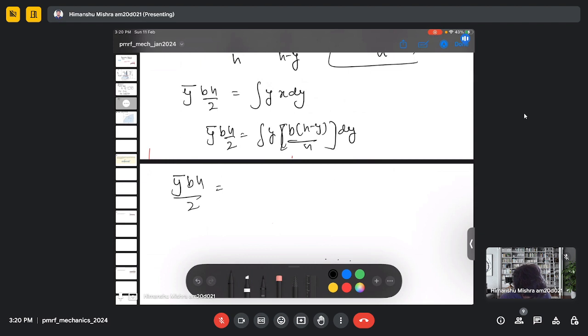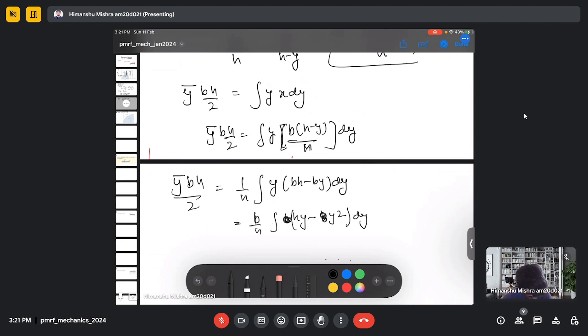So y bar bh by 2. I can bring h outside, so it will be 1 by h, and it will be bh minus y by y square, and I can bring b also outside.